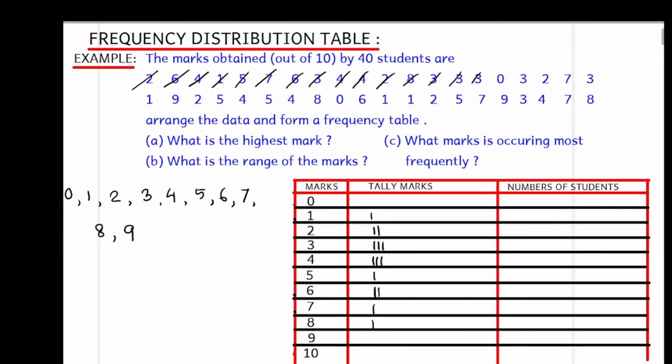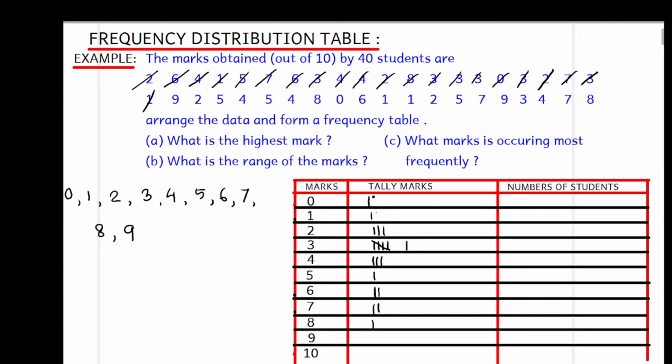So that's why I will give 3 more sticks. 0, again 3. Now see, already 4 sticks I have given. For the fifth one I have to cut like that. Then 2, 7, again 3. I have to start it again.